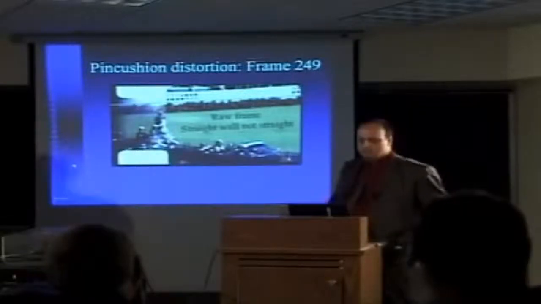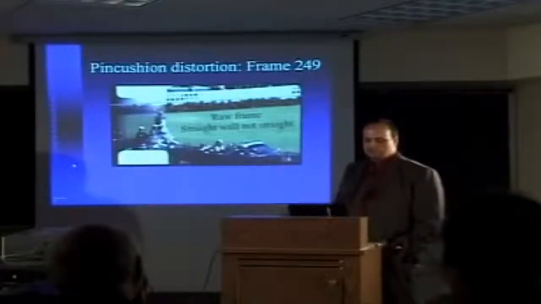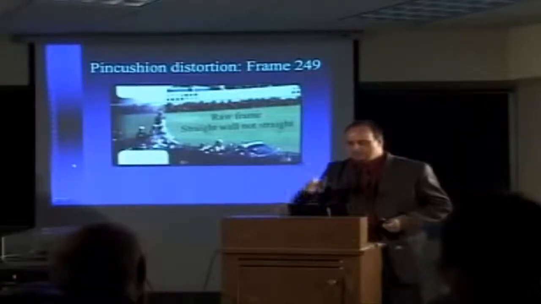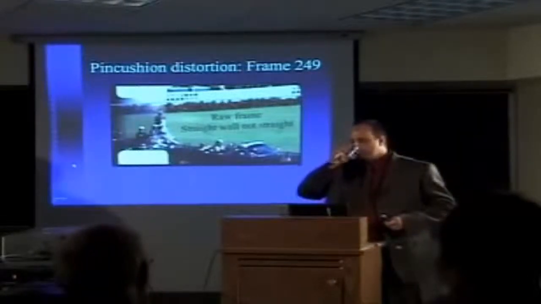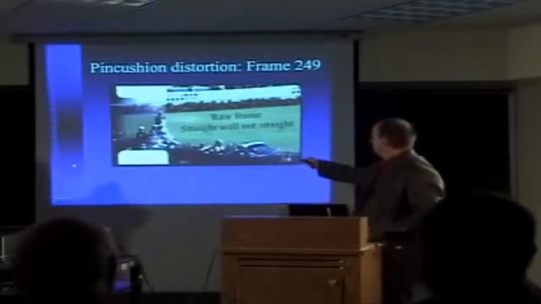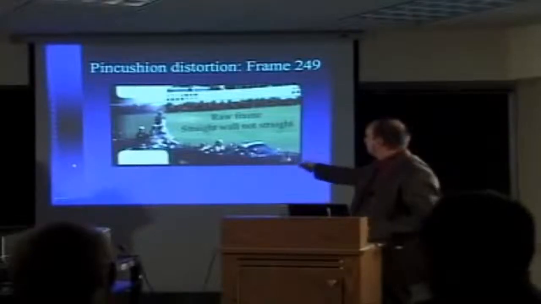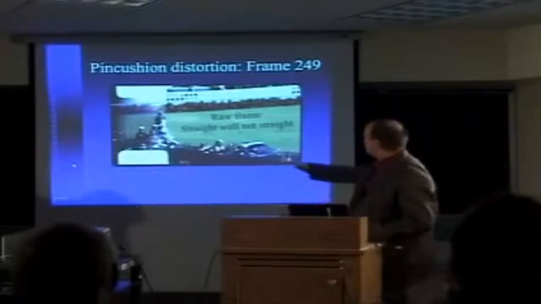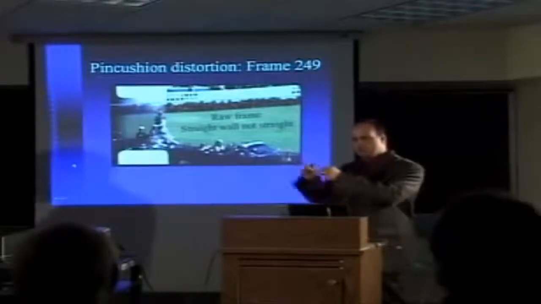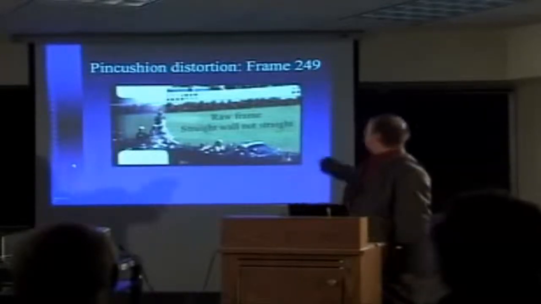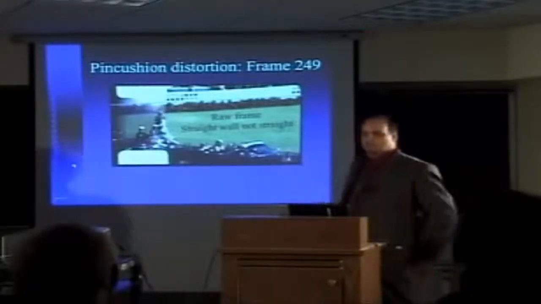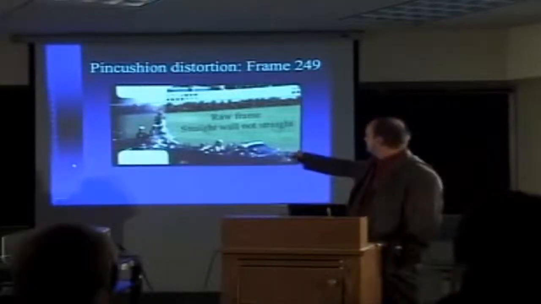This is an example of the pincushion distortion, and this was probably one of the frames I actually used. It's fairly clear, and the wall is towards the top of the frame. You see a fair bit of it, and hopefully this projector's quite good. But this blue line here has been put on digitally using Photoshop. It's perfectly straight, so if it doesn't look straight to you, it is straight. It's just the distortion of this gadget that might make it not look straight.